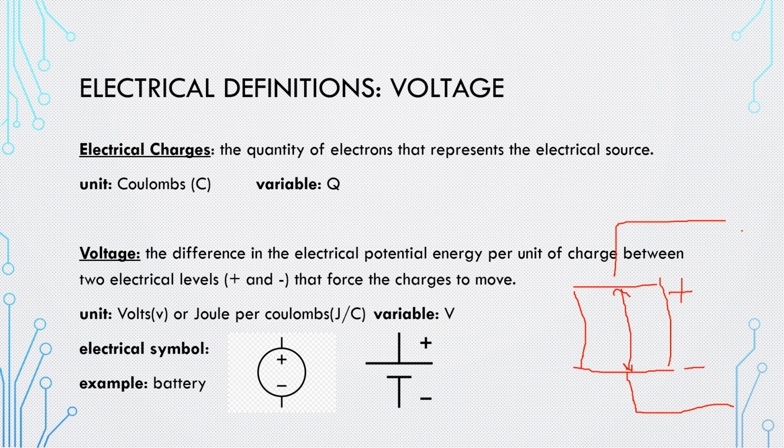If I look at it as a battery, it uses some chemical process in order to push the charges out of the battery, to deliver them to the circuit. So pushing out the charges from the battery, we call this voltage.